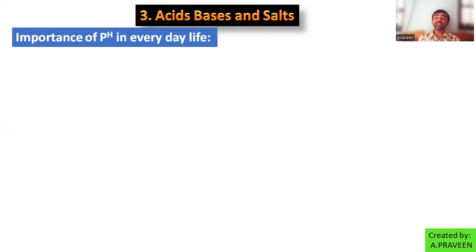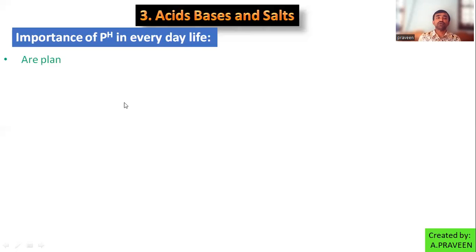That can change the nature of the soil and water, and that nature also affects the products. Maybe the food nature changes. So the living organisms which depend on them will be affected.